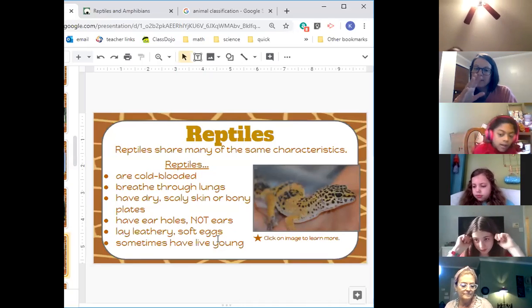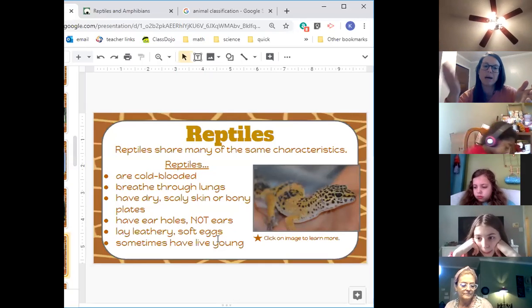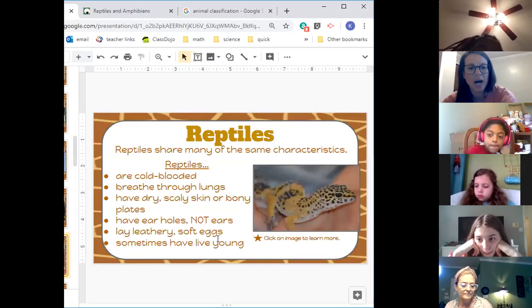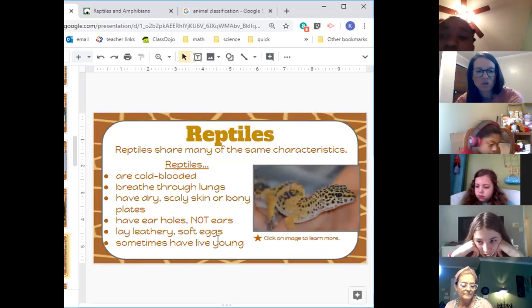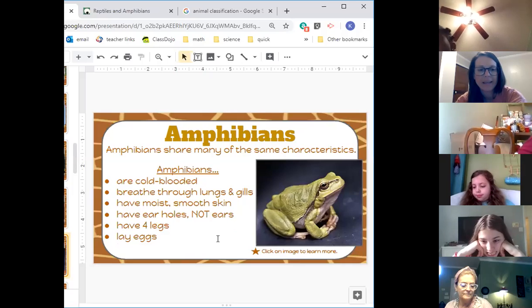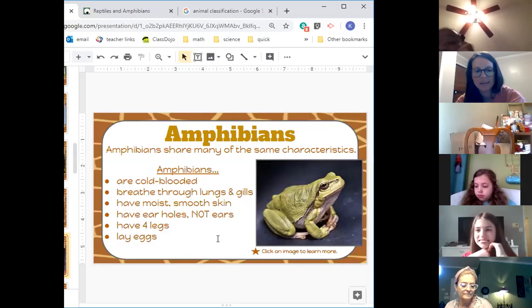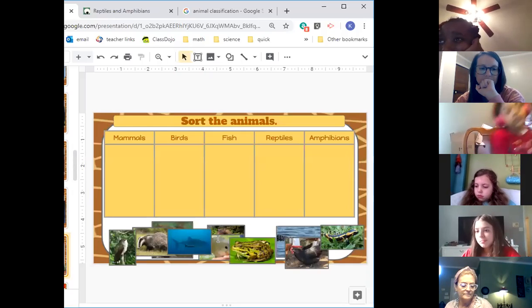This is interesting about them, sometimes they have live young and sometimes they lay eggs. But a big thing about them is that they have dry, scaly skin. And then lastly, amphibians, okay? They have 4 legs, they lay eggs, and they have moist, smooth skin, all right?